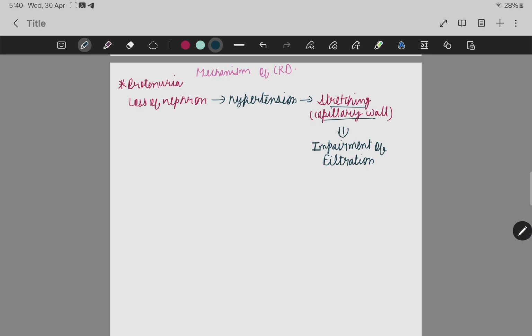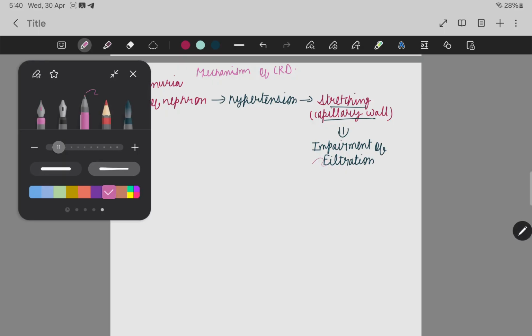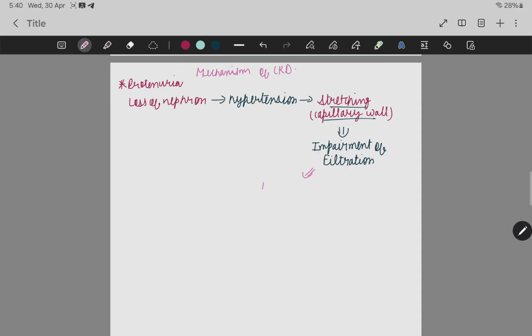Due to impairment of filtration, as a part of mechanical strain, angiotensin II is produced.